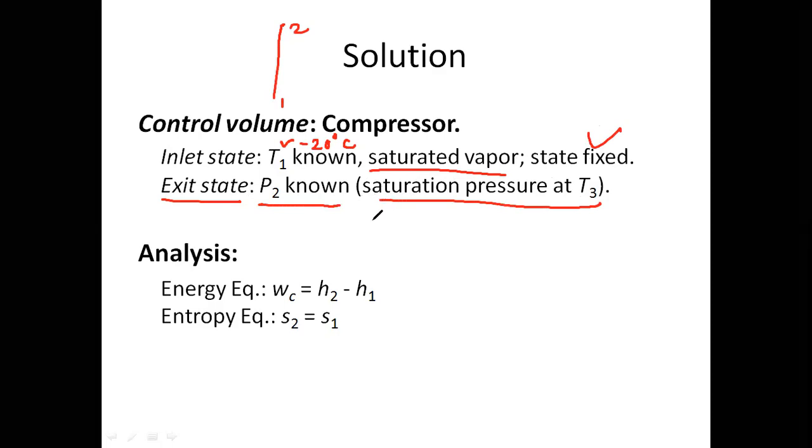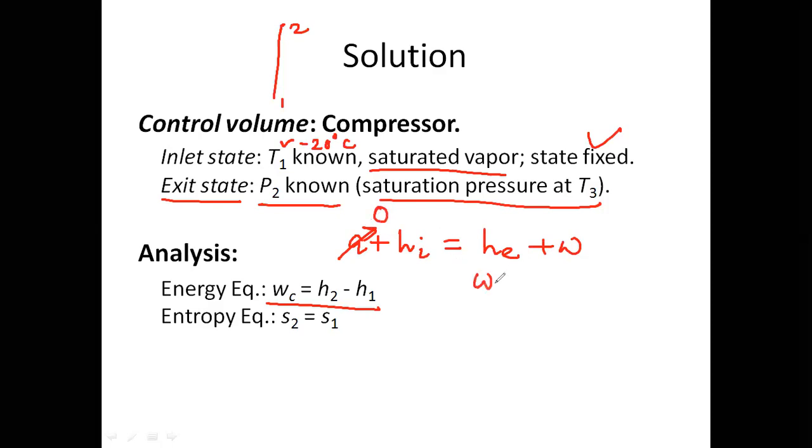We will analyze, from the energy equation for the compressor, H2 minus H1. If we compare with the first law and consider that there is no kinetic energy and potential energy change, then we can write that Hi equals He plus W. There is no heat interaction because this is an isentropic process, or adiabatic reversible process, so this is 0.